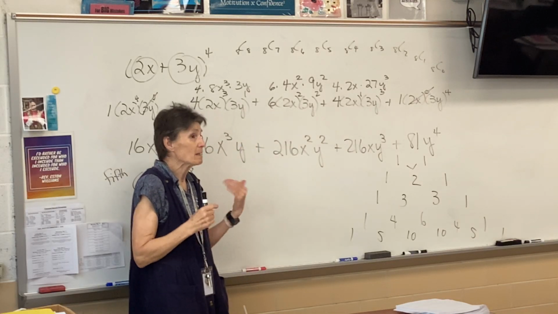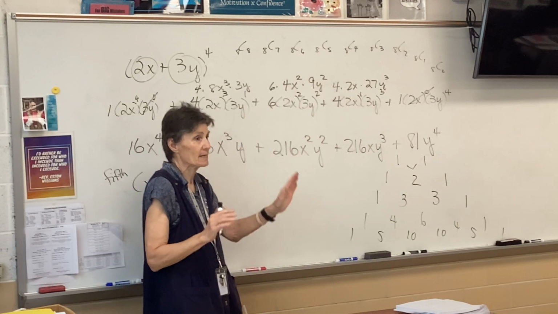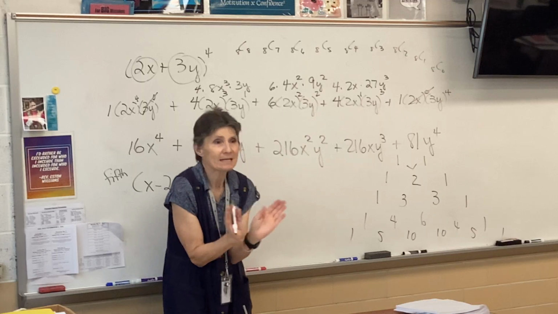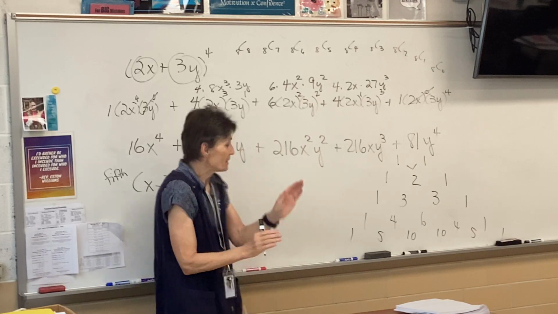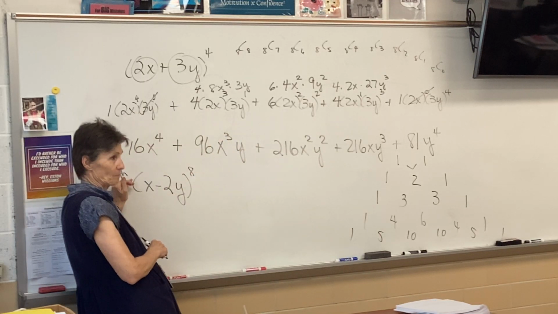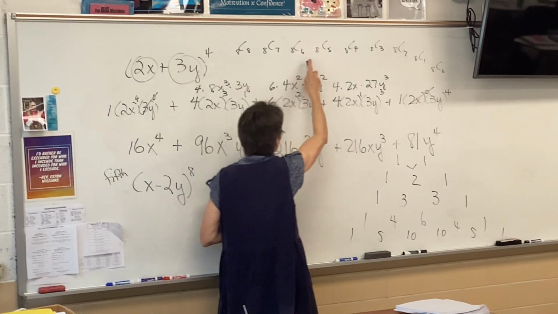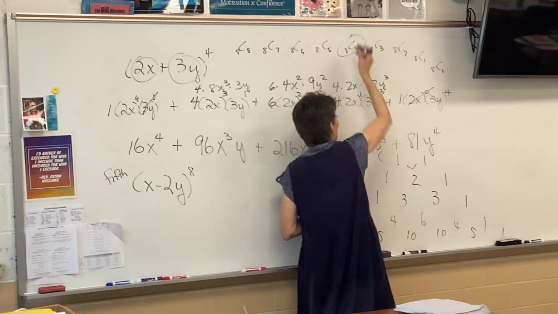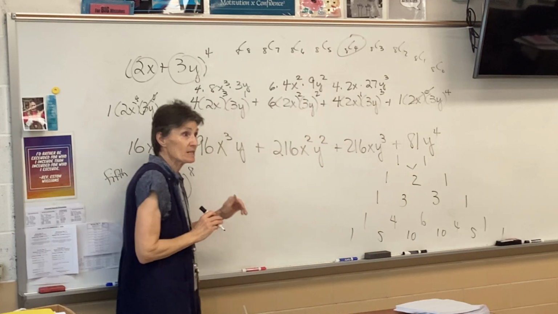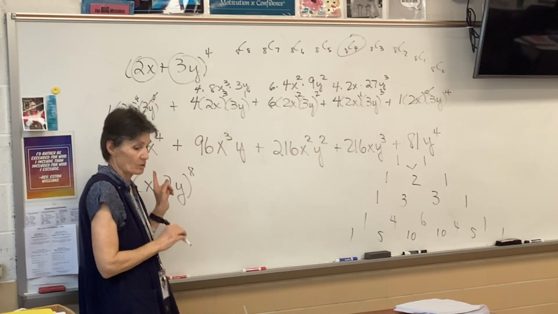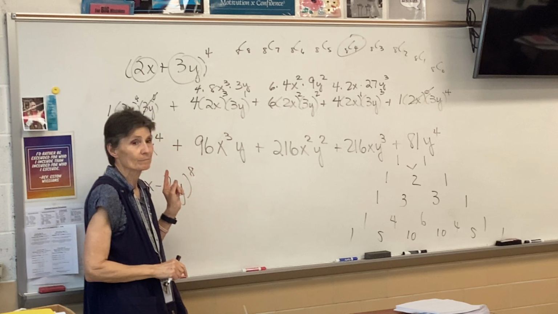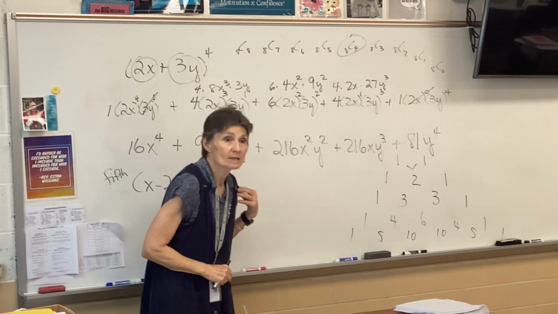It would take me a long time to type all those in. Luckily, I don't need to, because what am I interested in? The 5th one. So 1, 2, 3, 4, 5. That's the only one I want. So what's 8C4? 70.